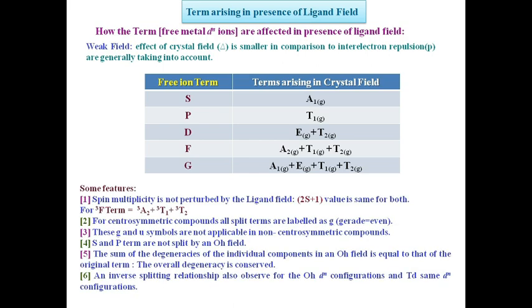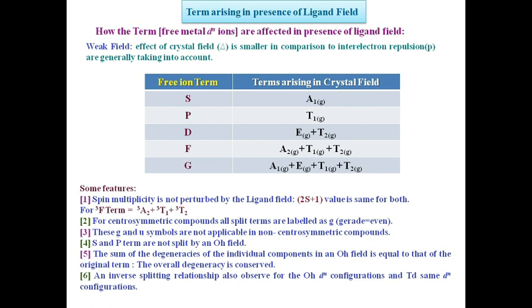Some interesting features of these crystal field terms. Number one, spin multiplicity is not hampered due to the ligand field. That means the 2S plus 1 value is the same for both the free metal ion term as well as the term arising due to the presence of the crystal field.